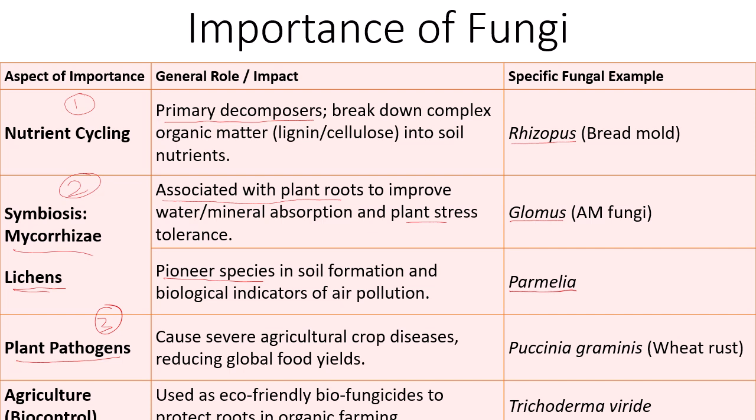Example is Puccinia graminis, which is commonly called rust. Some diseases can be seen on the stem of sugarcane, that is Colletotrichum falcatum. Some diseases can be seen on the leaves of groundnut, called tikka disease. So most of the diseases are caused by fungi, which reduce the yield of agricultural crops, and that is one of the worst things for farmers.